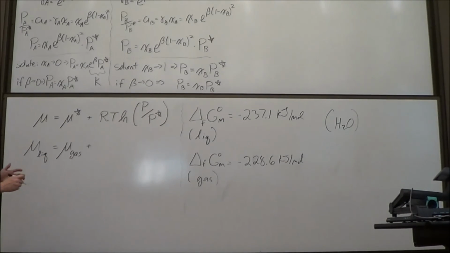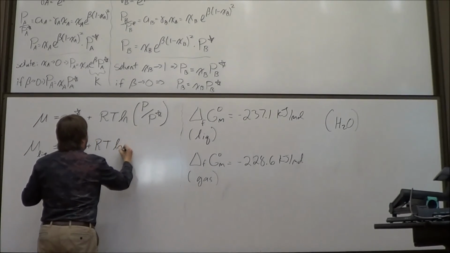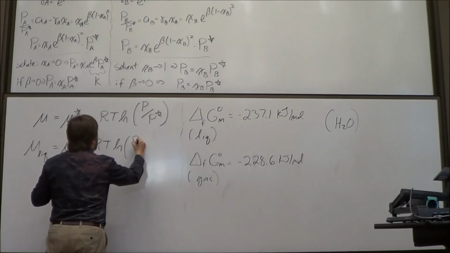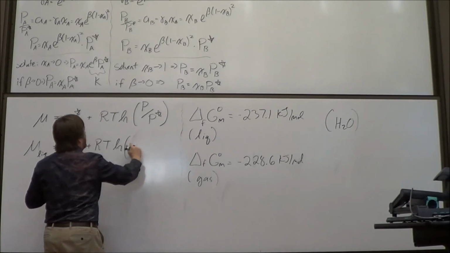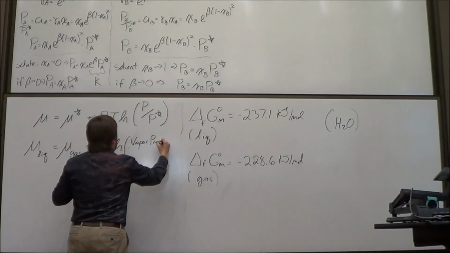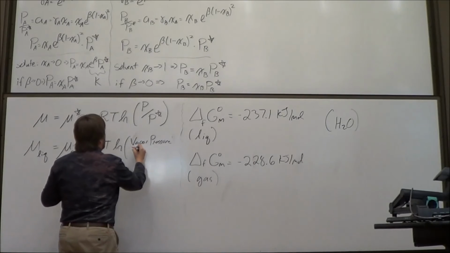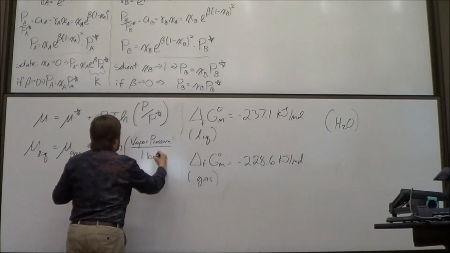That would be equilibrium. So what you have to do is this. You have to figure out, let me actually spell this out, vapor pressure, which you can look up in a book, vapor pressure over 1 bar.